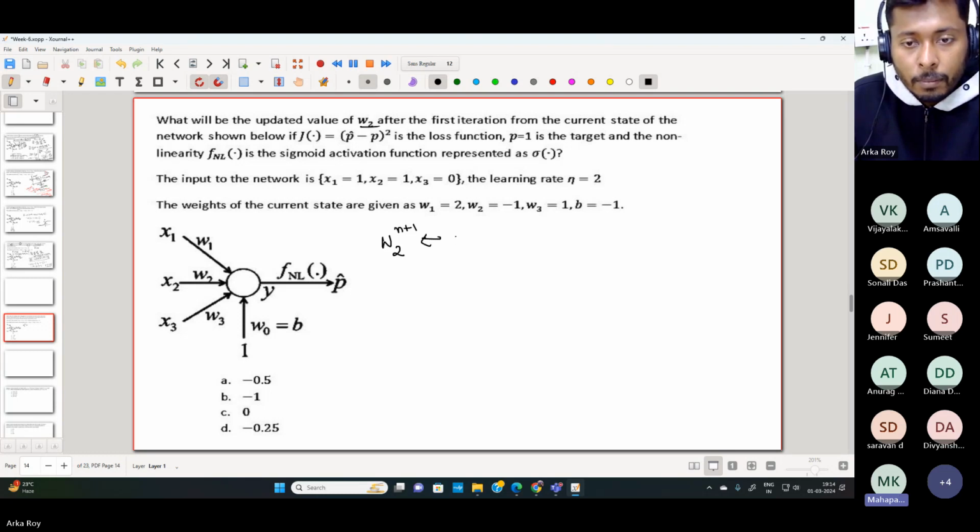W2 new is W2 minus eta into... P hat... Sorry.